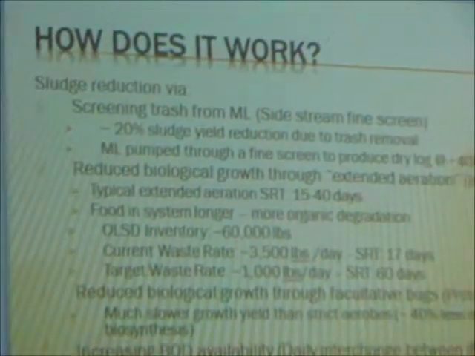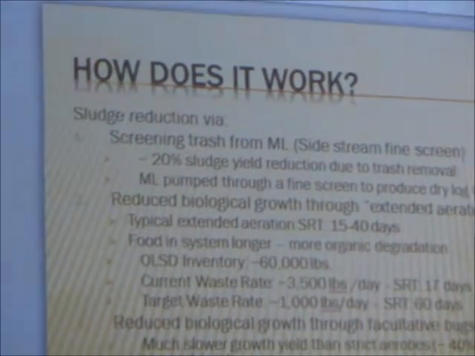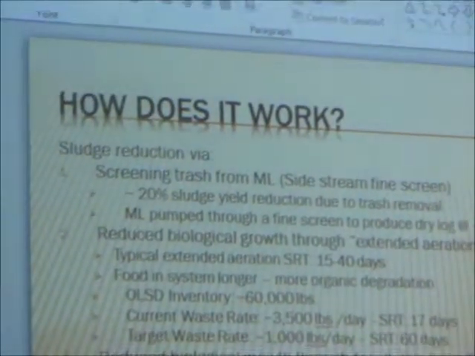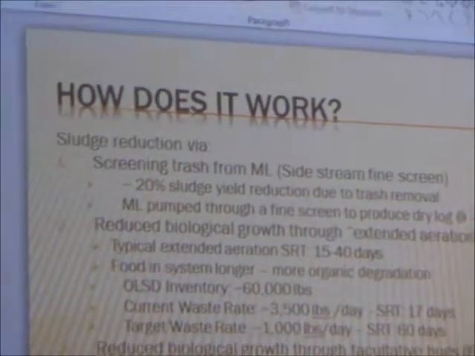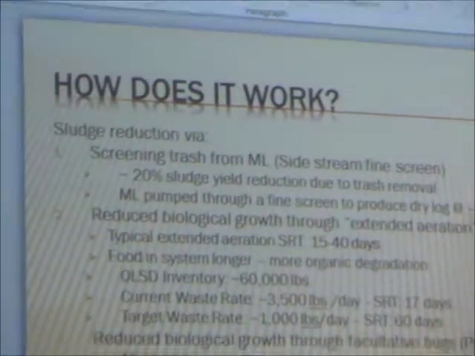There's a few methods by which we're going to achieve this 80% sludge reduction. We've got 4 of them here. First one is simply screening trash out of your mixed liquor stream.